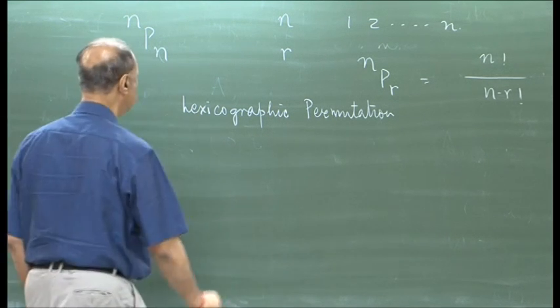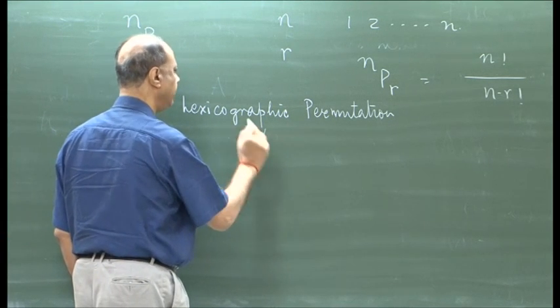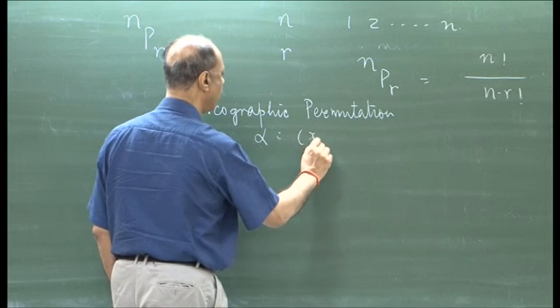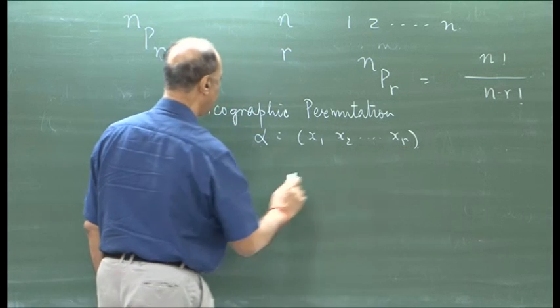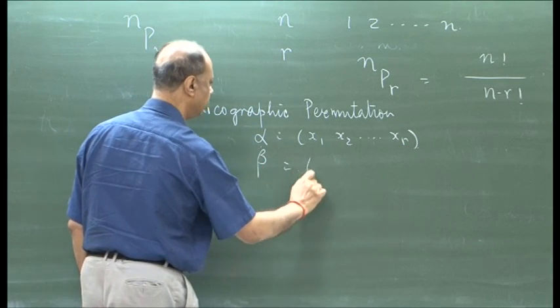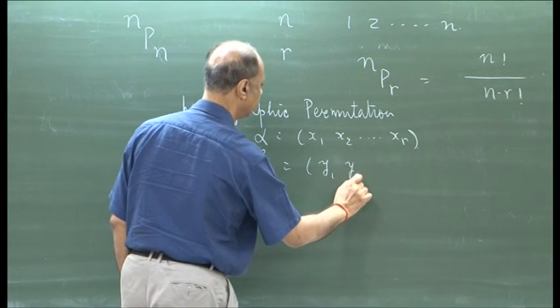Suppose alpha is a permutation of r elements and beta is another permutation of r elements.